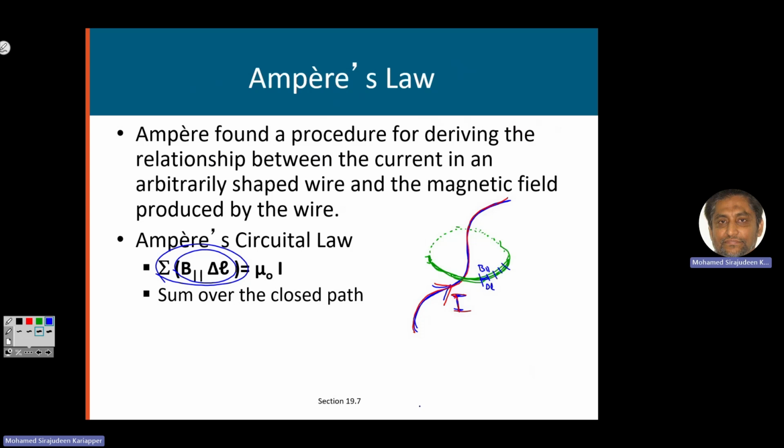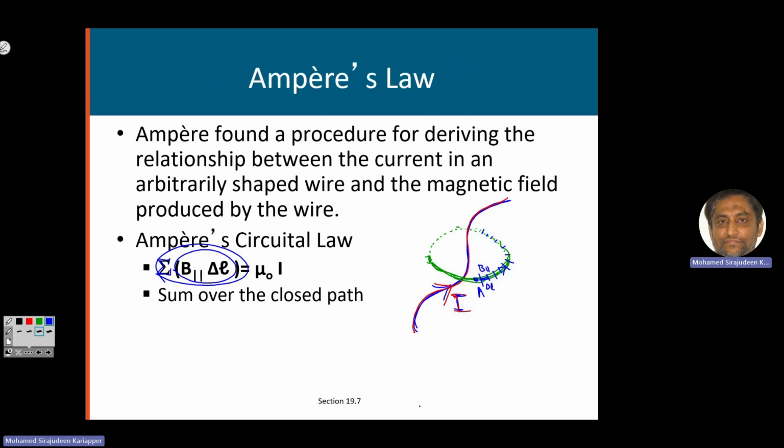We break the path into small delta L and move in a certain direction, starting from point A and moving along the green path, coming back to the same point to complete the circuit. While you do that, take this product and add them all.